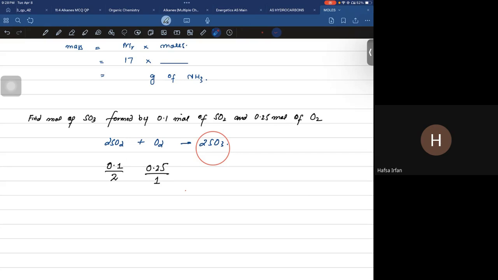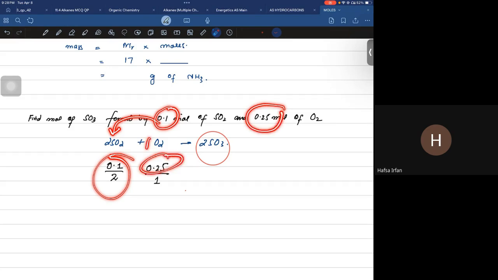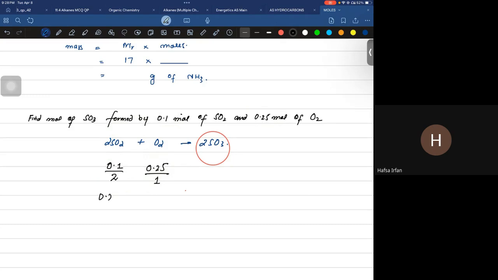What I did, I divided the moles of SO2, that is 0.1, by the coefficient of SO2, that is 2, and then I divided the moles of O2, that is 0.25, by the coefficient of O2, that is 1. Then this would be 0.05, right? And this would be 0.25.